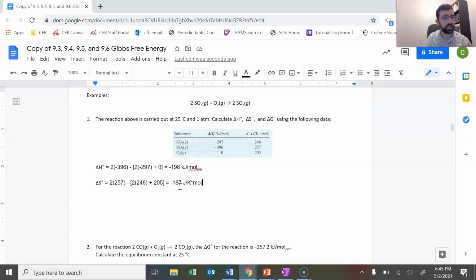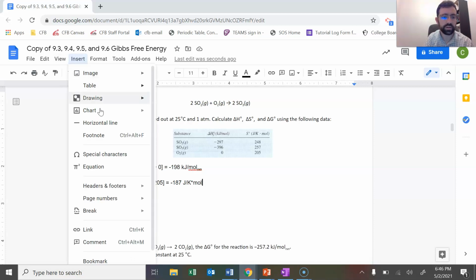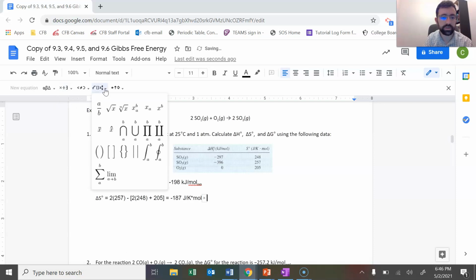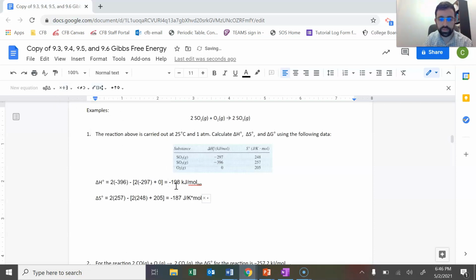Now, be careful. I have joules per Kelvin mole. I want to convert that to kilojoules per Kelvin mole. So this is a good place for us to do a little bit of dimensional analysis. We're going to multiply by a fraction. Remember that there are 1,000 joules in a kilojoule. So 1 kilojoule, 1,000 joules.